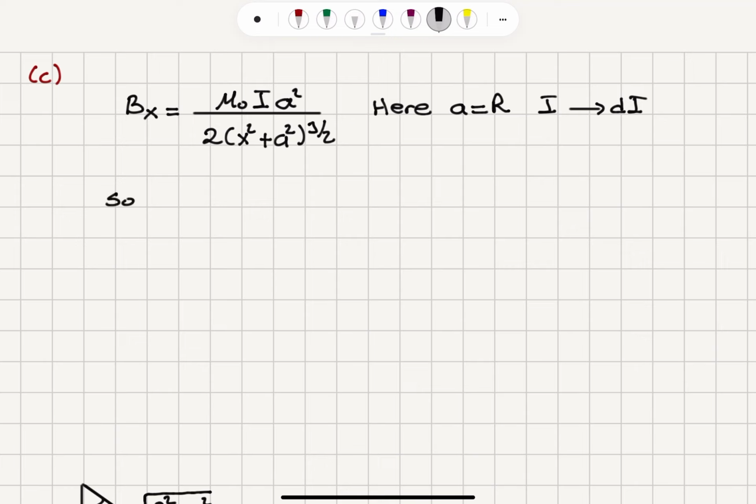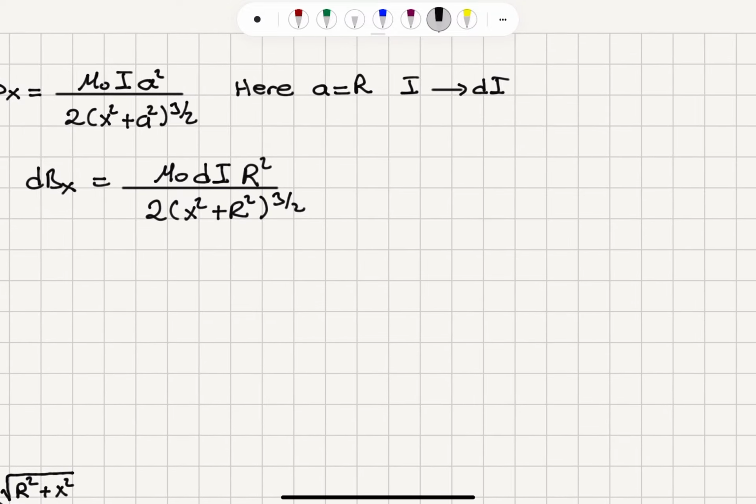Therefore, I can write dBx as mu 0 dI R squared divided by 2 (x squared plus capital R squared) to the power 3 over 2.